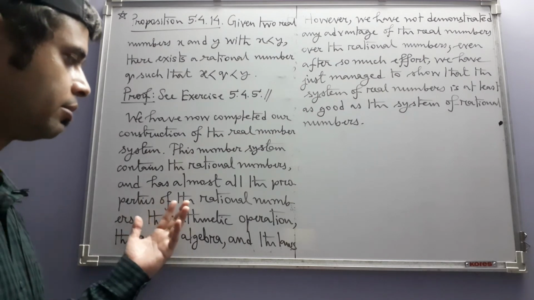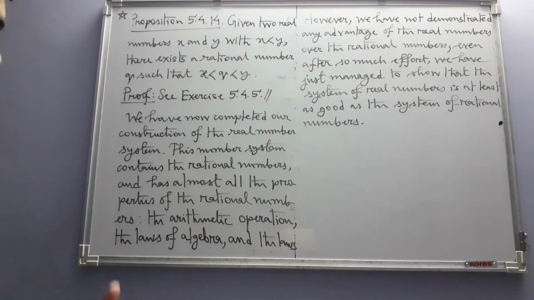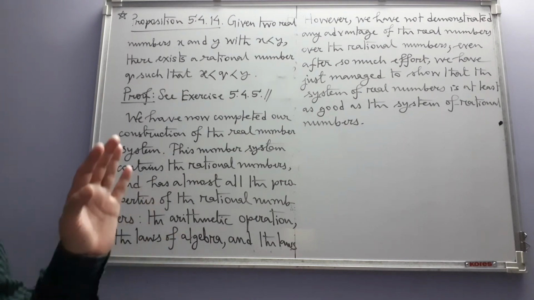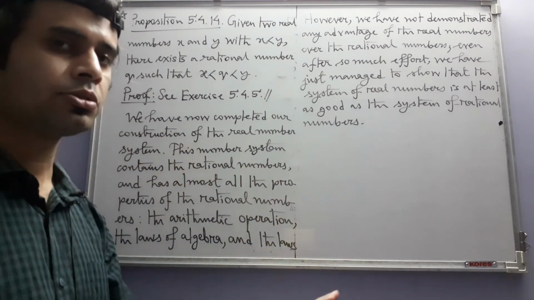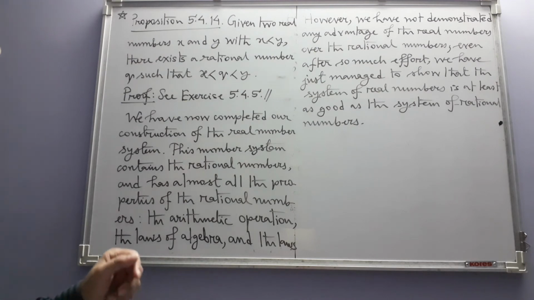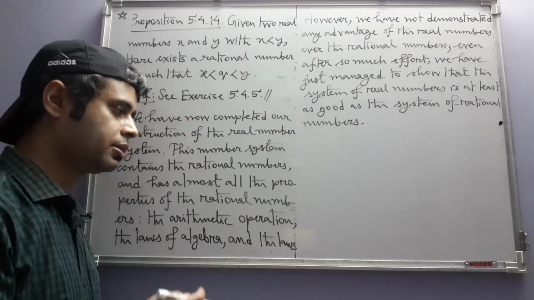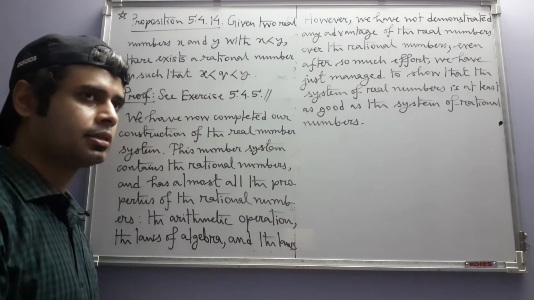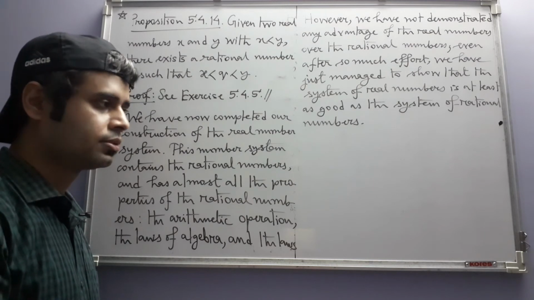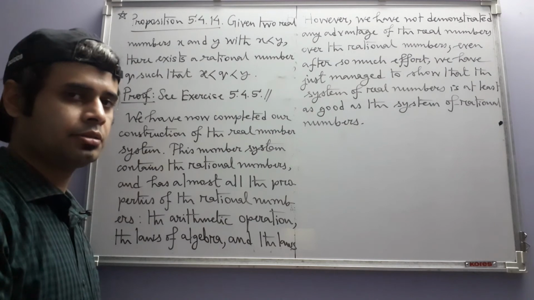Then, while defining positive and negative real numbers, we had to devise those concepts of sequences positively bounded away from 0, negatively bounded away from 0. So we have actually gone through those obstacles, we overcame them, and we have produced a larger system. But it turns out so far that it's just as good as the rational number system. If that is the only thing, then this is really useless.